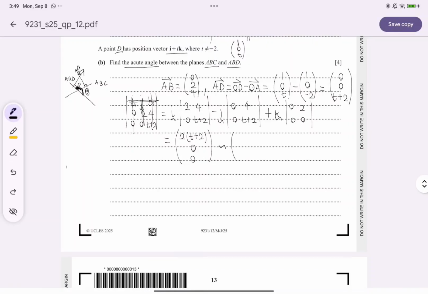So we can just divide everything by 2 times t plus 2, which gives 1, 0, 0.